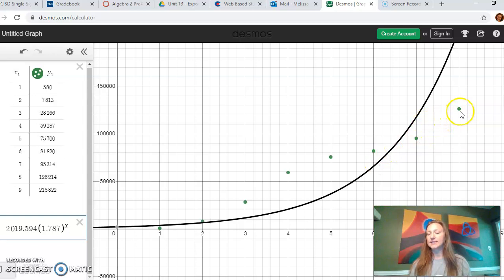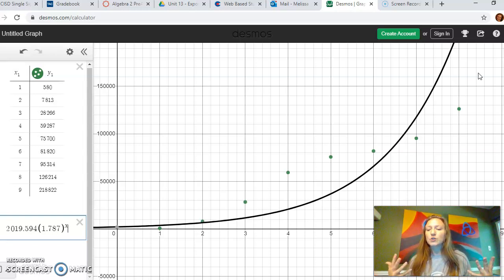And it looks like it's still continuing to grow, but we know that because this is based on coronavirus cases, it's not going to continue to grow forever because eventually so many people are going to have it. We're going to have vaccines. People are doing things to taper this off. So we know that eventually this has to taper off. Eventually, the number of cases are going to drop. We just don't know when at this point.